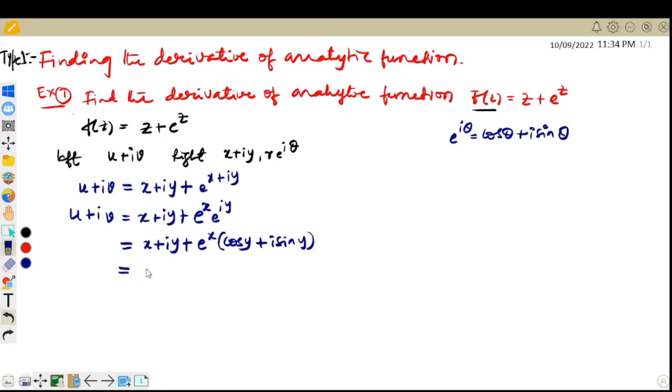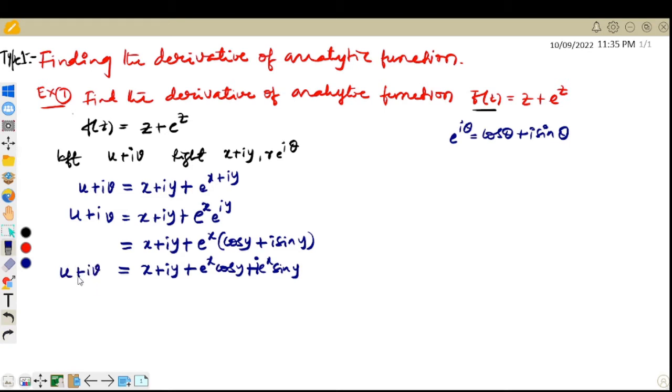Now further, this is x plus iy plus, to multiply, e raised to x into cos y is e raised to x cos y, plus e raised to x into i sin y is i into e raised to x sin y. So left side is u plus iv.